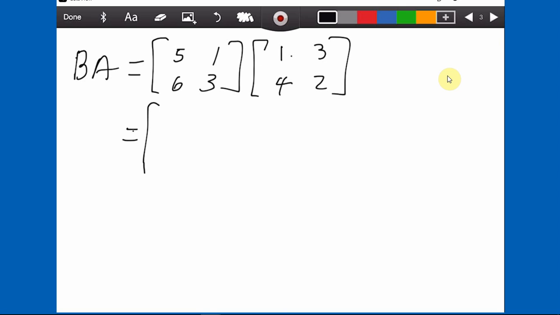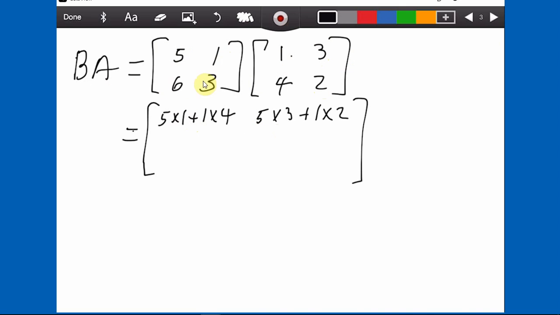So remember, we go row 1, column 1. So 5 times 1 plus 1 times 4. Then we go row 1, column 2. 5 times 3 plus 1 times 2. And there's no more columns, so we stop.